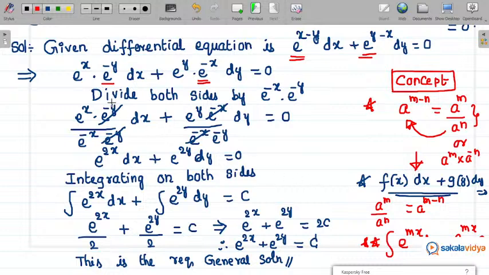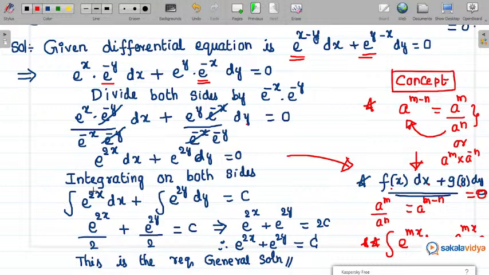So now e power x into e power minus y by e power minus x e power minus y dx, where e power minus y gets cancelled, plus e power y e power minus x by e power minus x e power minus y dy, where e power minus x is cancelled, is equal to 0. Here we have e power x by e power minus x, that is e power 2x dx, plus e power y by e power minus y, that is e power 2y dy, is equal to 0. Now it is in the form f of x dx plus g of y dy is equal to 0.